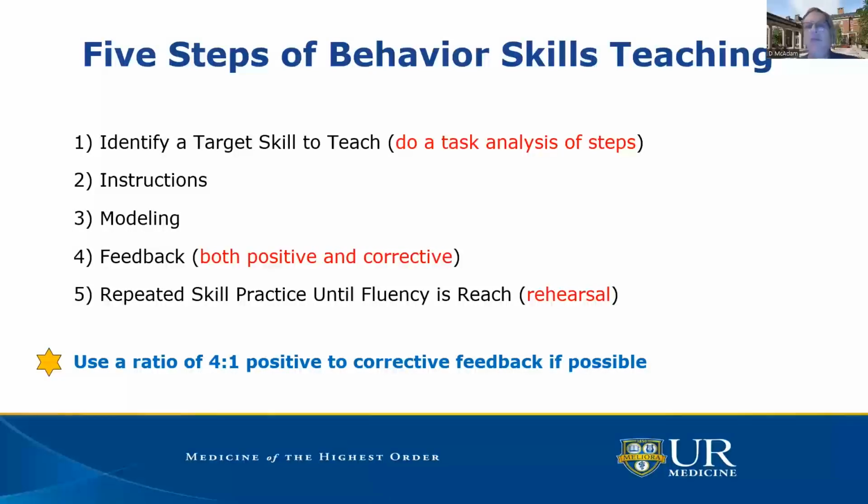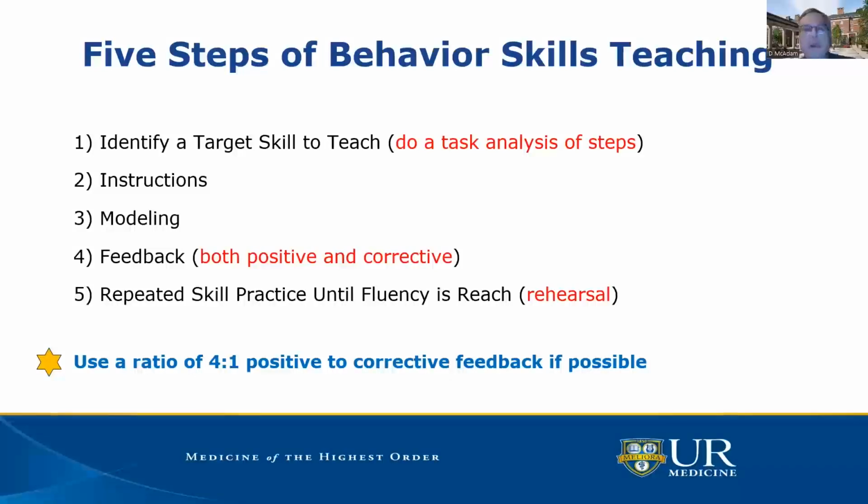There are 5 steps to behavioral skills teaching. Step 1 is to identify the skill to teach. And again, to break it down into the task analysis, develop initial instructions to provide to the student. You then model or demonstrate each step of the task analysis. You provide feedback.